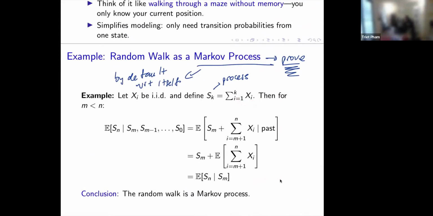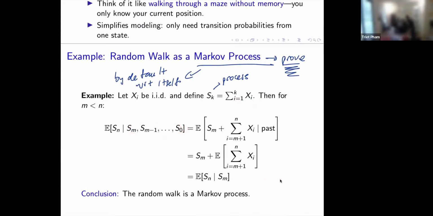So instead of conditioning on S0 to Sm, you could condition on X0 to Xm. You can then ask whether it is Markov with respect to the X's. We'll look at that. It's an interesting thing to look at to pique your curiosity or start a discussion. Here we'll condition on the S's.